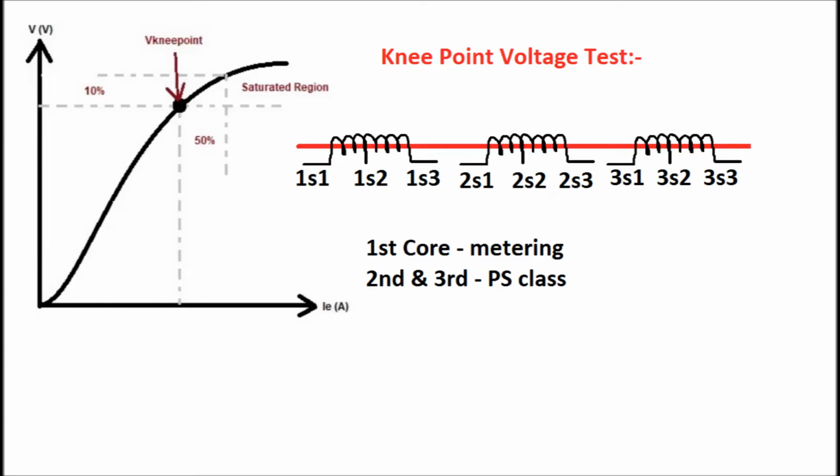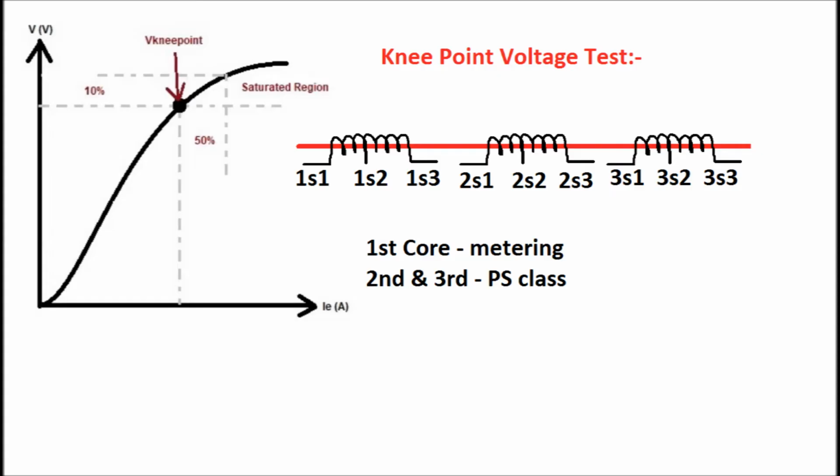Normally the knee point voltage test is done for the protection CT. Here the second and third cores are PS class CT, and the knee point voltage test will be done on the second and third cores. The knee point voltage for 2S1 and 2S2 is different from 2S1 and 2S3, and the values for 2S1, 2S2 and 3S1, 3S2 shall be the same. Again, for 2S1, 2S3 and 3S1, 3S3 shall be the same.